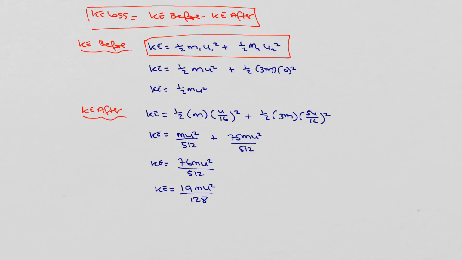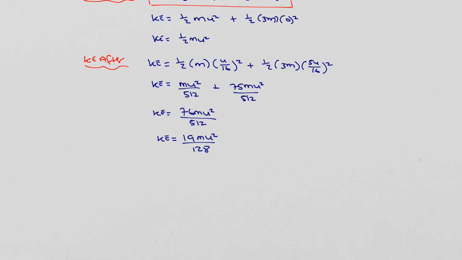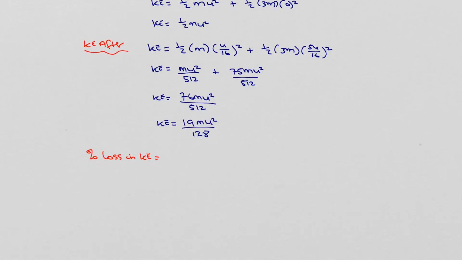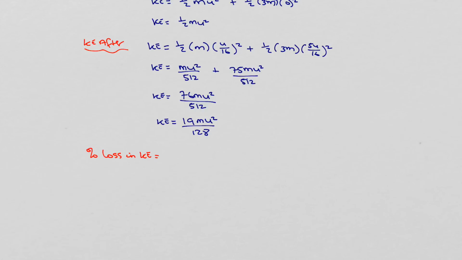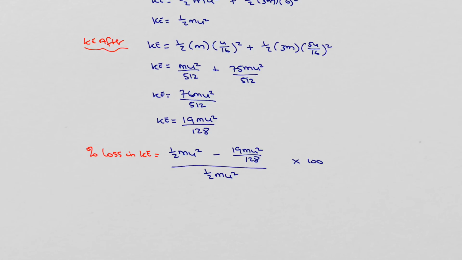Okay. So for the percentage loss in kinetic energy, what we need to do is get the loss over the original. So our loss is going to be before, which was m u squared times a half, minus after, which is 19 m u squared over 128, and that's over before, which is a half m u squared. And to get any percentage, we always multiply by 100 over 1.